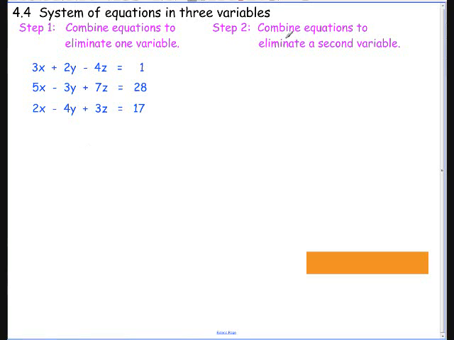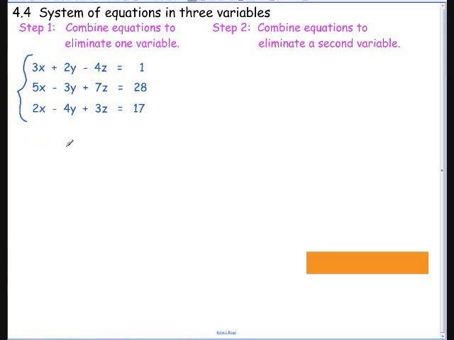I want to combine these equations to eliminate the second variable. First, I'm going to have to combine them to eliminate one variable. Then I'll go to the second. So just like you did with two variable equations, you're going to now, with three variable equations, look and see where's our best opportunity to eliminate a variable.